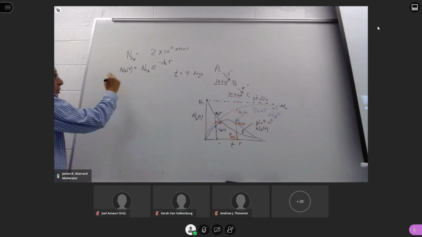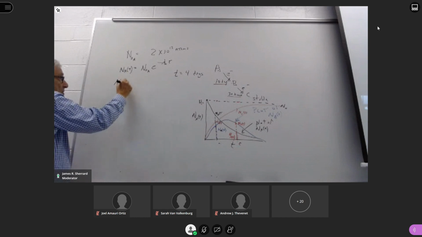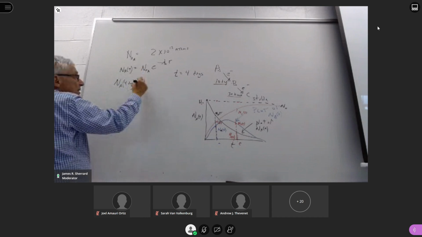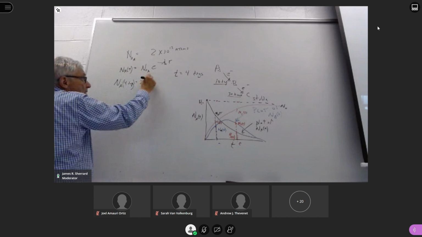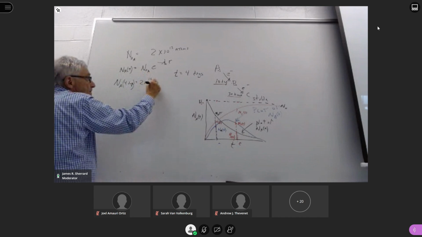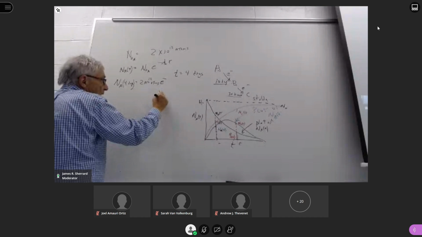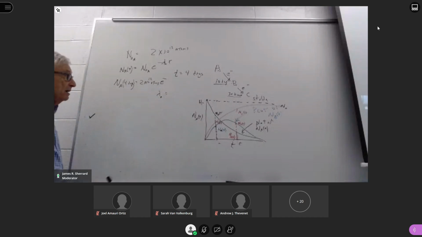So looking at this equation, we know the number of A's as a function of time, in this particular case at 4 days, is equal to the original number of A's that we had, times e to the minus lambda A t. And what is lambda A?